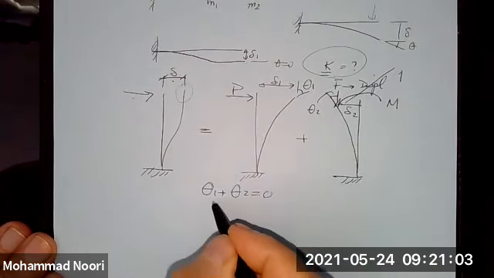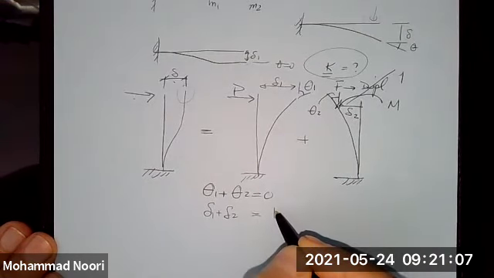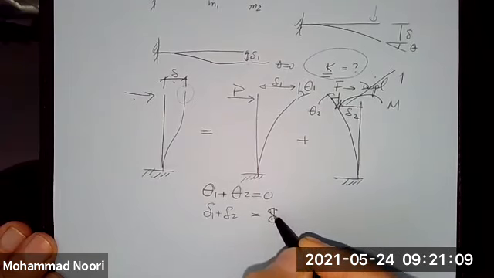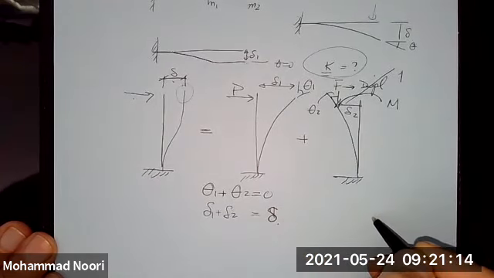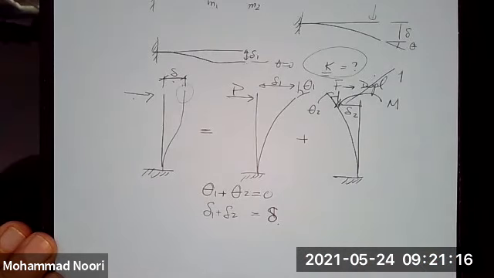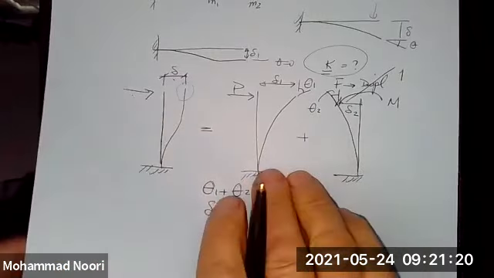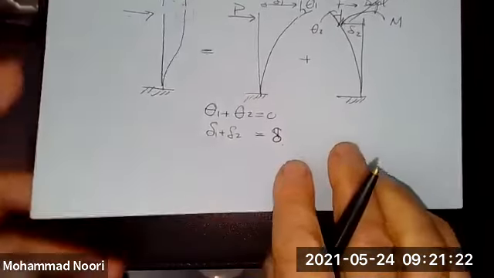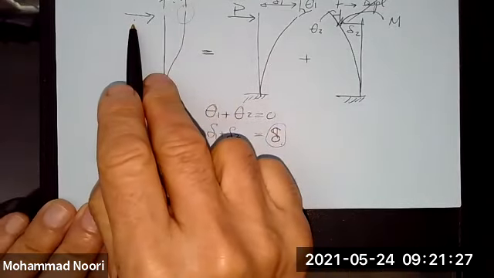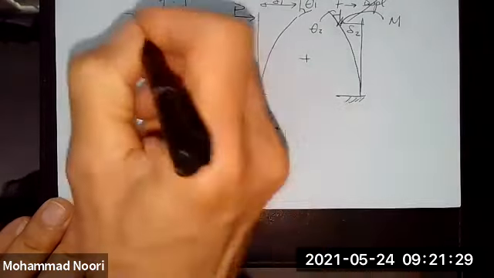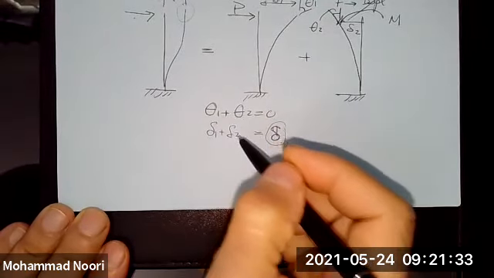And the sum of these two displacements is the total displacement that we need in order to relate that to the force and find the stiffness. So that's the problem we have. We want to relate this total displacement to this force to find the stiffness.